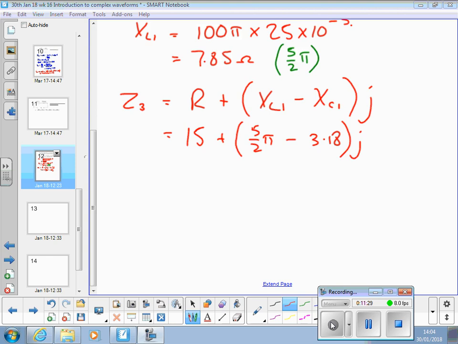So what answer have you got for the polar impedance? 15.71. Yep. Anyone disagree with that? No? Good.